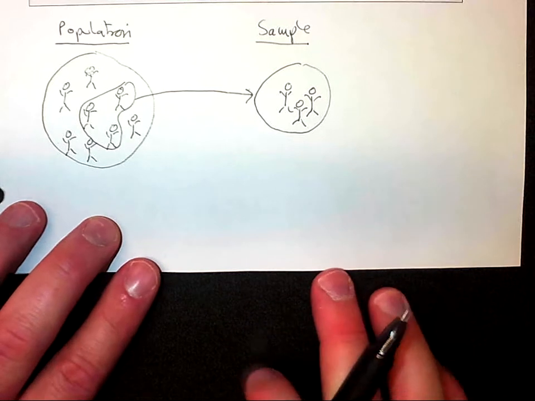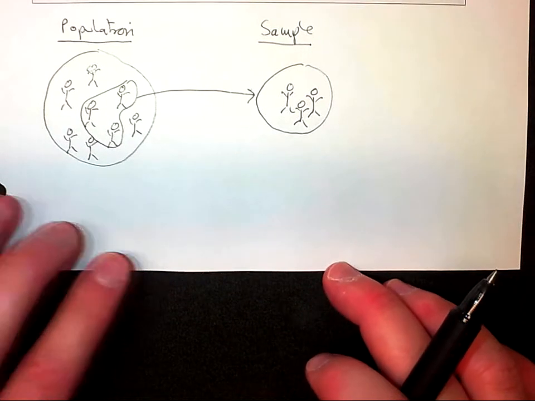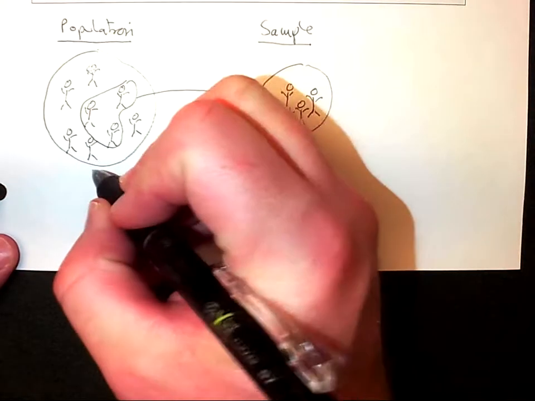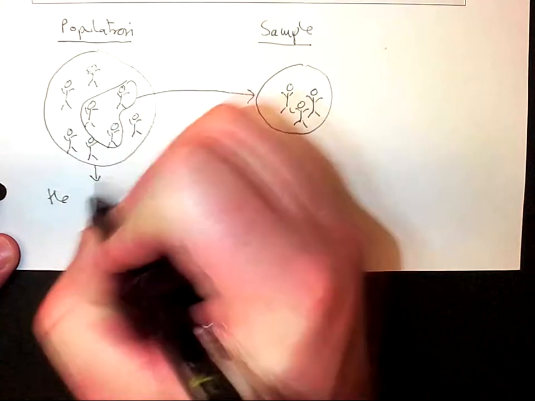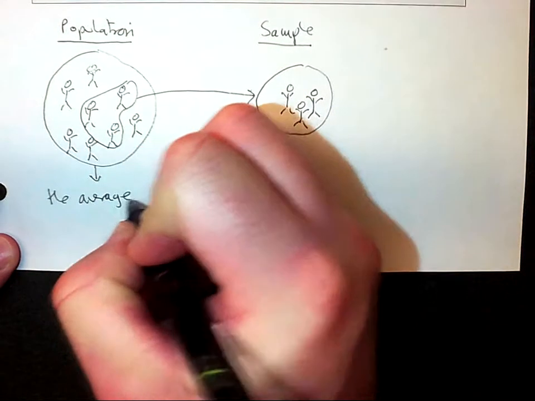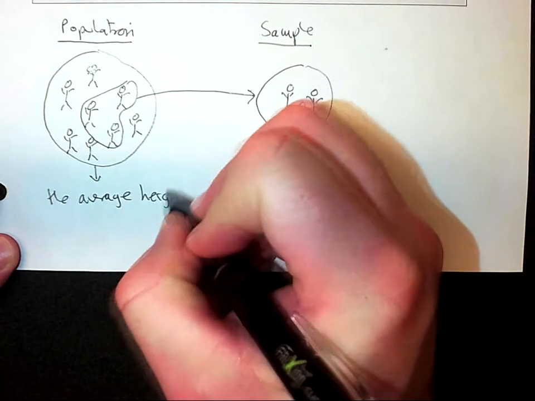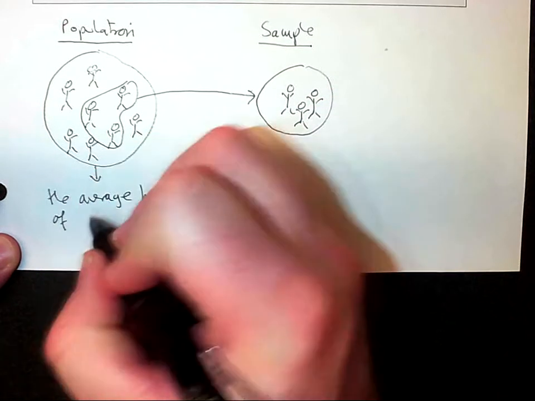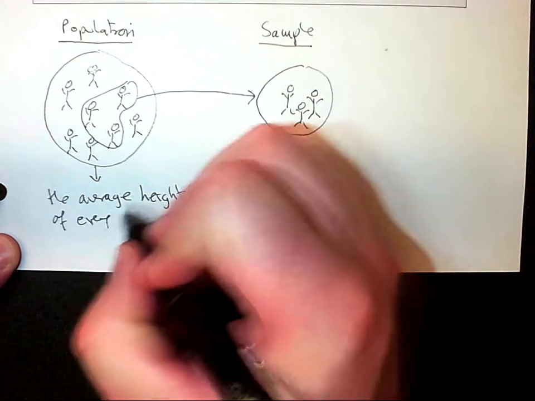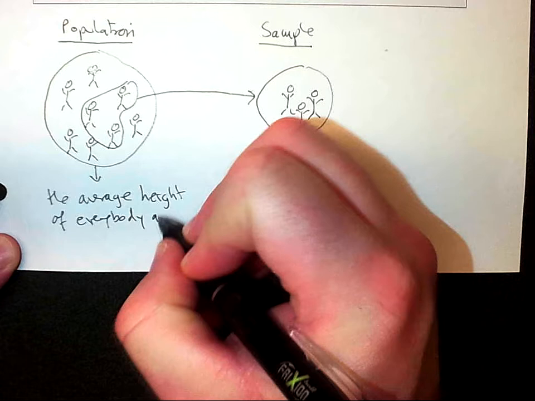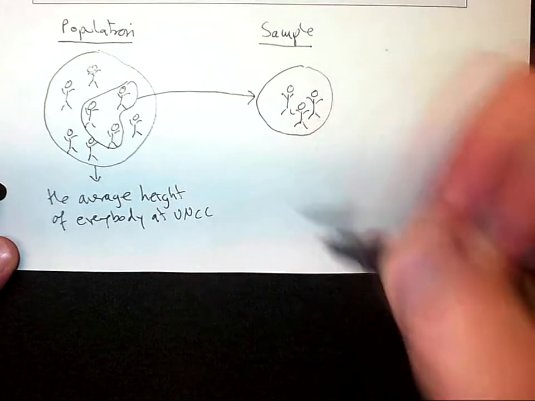And here we have this. Well, what we're trying to figure out is the average height, just as an example, right? The average height of everybody at UNCC. That's what we're trying to figure out.